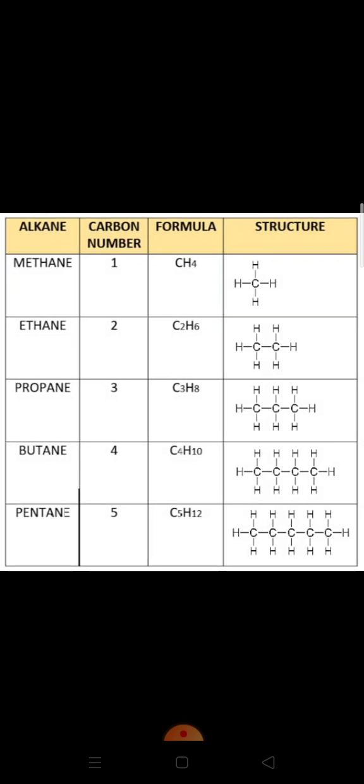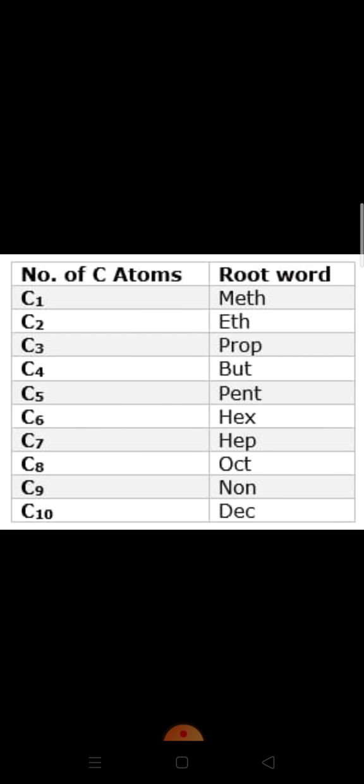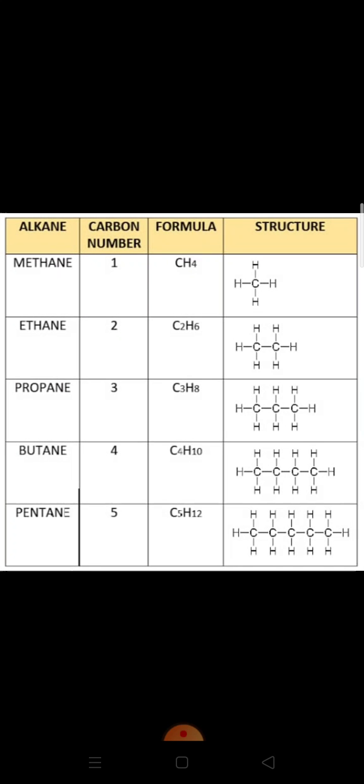Now we know that the formula for the alkane is CnH2n+2. So if we have a hydrocarbon in which the number of carbon is 1, we will get the formula CH4. And as we have just discussed, if the number of carbon is 1, we use the prefix meth, and it is alkane, so the name is methane, right?